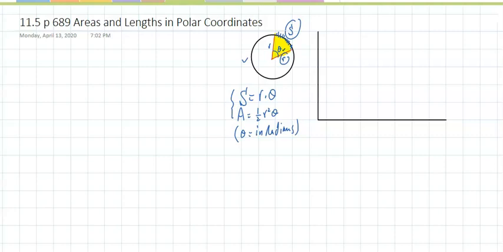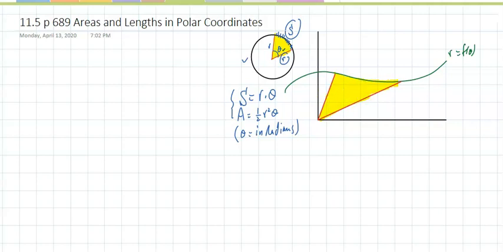Now, suppose I have r equal f of theta, and I want to find the following area. Let's say I want to find this specific area. Well, we have a small problem. R equal f of theta is not a straight line, it's a curve.